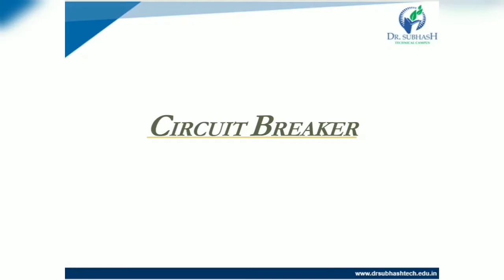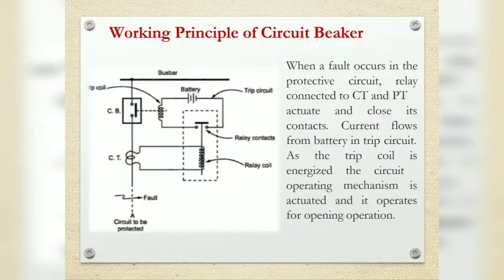Now let's see how a circuit breaker works and how it trips the faulty circuit. Working principle of a circuit breaker: when a fault occurs in the protected circuit, the relay connected to the CT and PT, the current transformer and potential transformer, actuates and closes its contact.